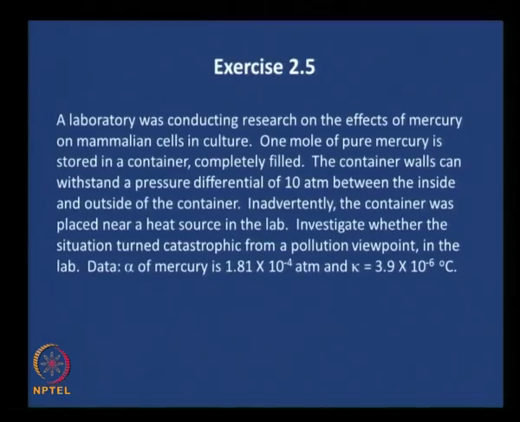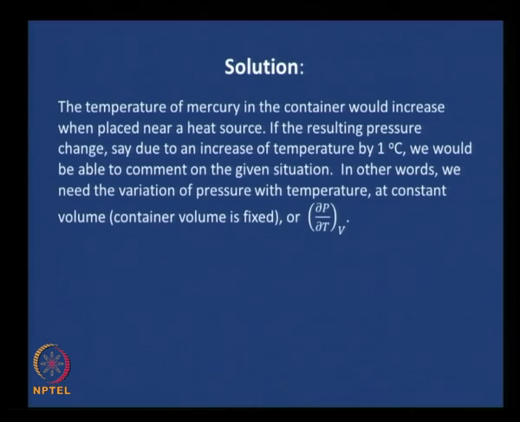Okay, let me present a part of the solution. This is the thinking that was partly mentioned in the exercise itself. The temperature of mercury in the container would increase when placed near a heat source.